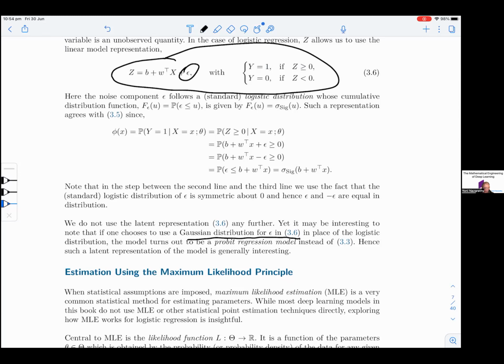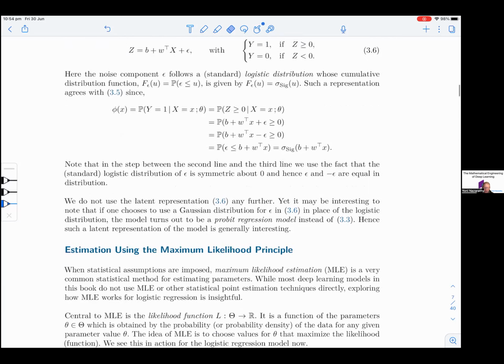Hence it's interesting, and some people in statistics use probit instead of logit. Okay, so that was a side note.